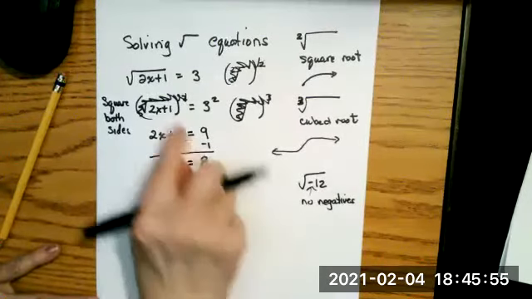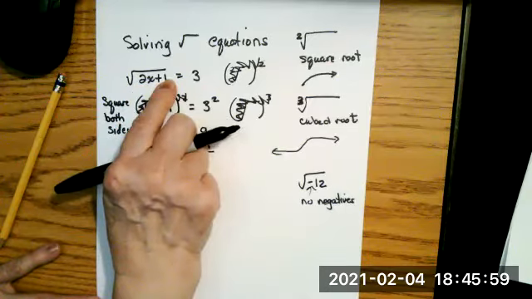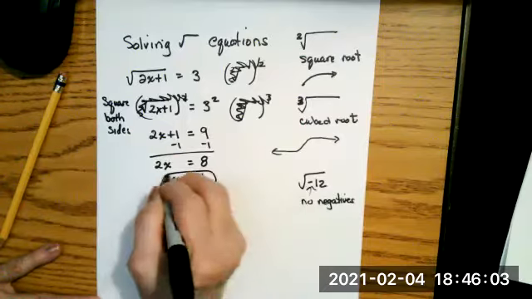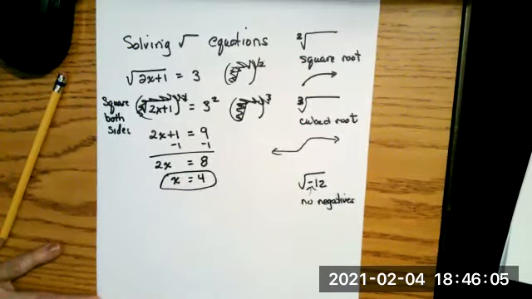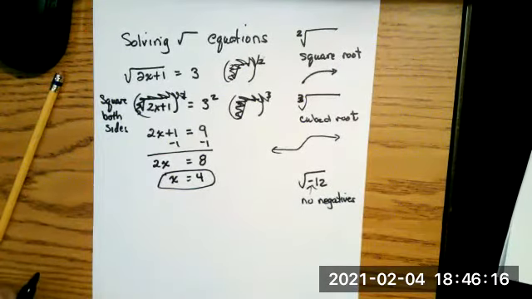Then I just put my 4 in there. 2 times 4 is 8. 8 plus 1 is 9. Square root of 9 is 3. So that one works. It's okay. If I'd gotten -9 under there, I would have said that root would not work. That answer does not work. But that one did work, so that's my answer.